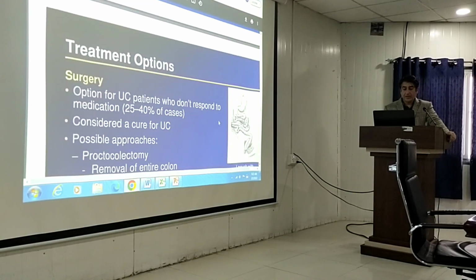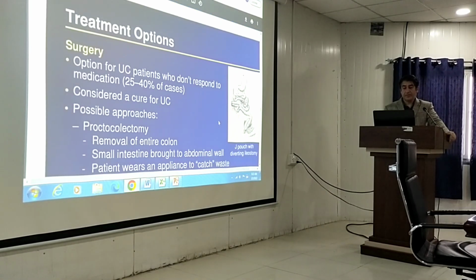Surgery is the option for ulcerative colitis patients who don't respond to medications, usually 25 to 40% of cases. But nowadays, this percentage is a little bit decreased because of good medications available, especially after the introduction of the immunomodulators and biological agents. The incidence has decreased.